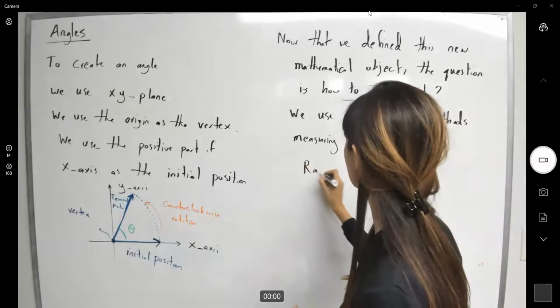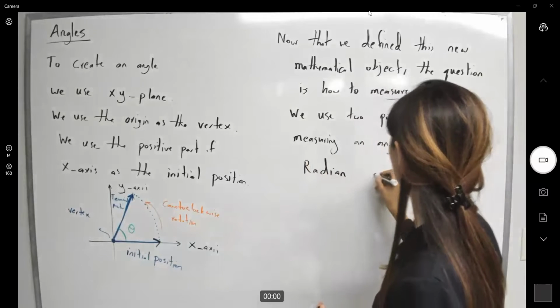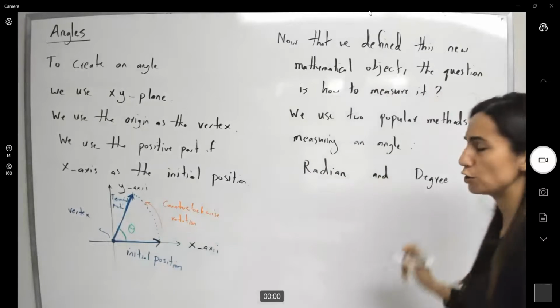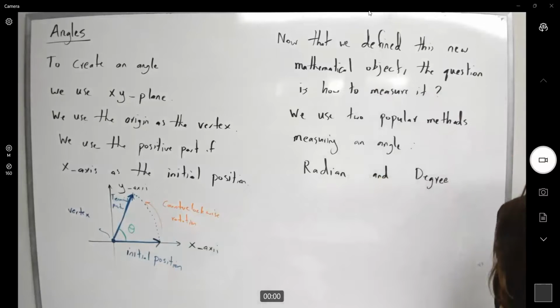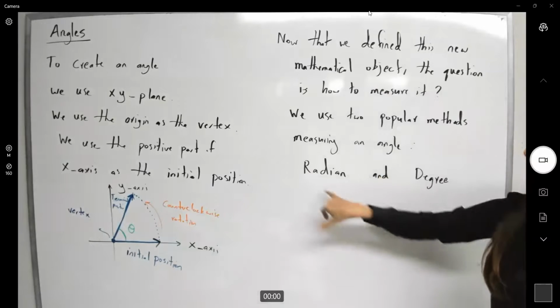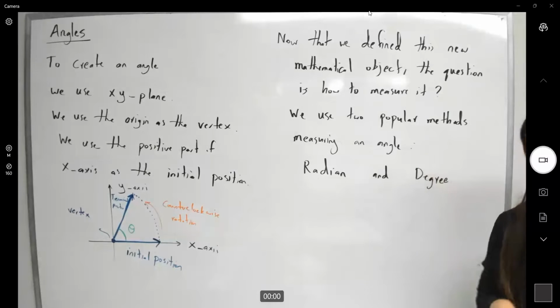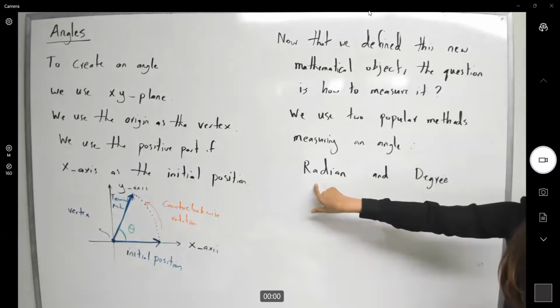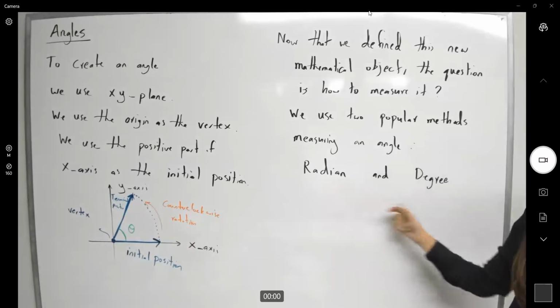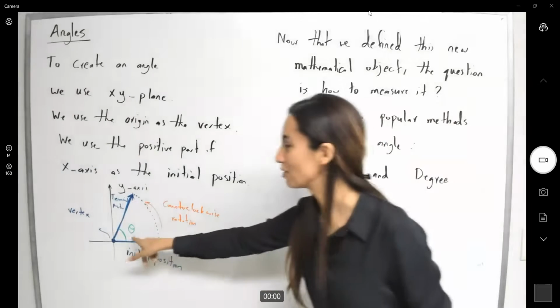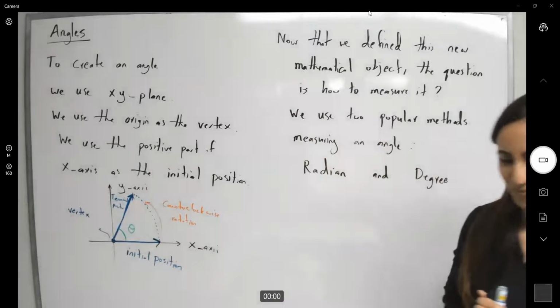When you're using your calculator, it can be set up into radian mode, or it can be set up into degree mode. Our goal is to define the radian measurement and the degree measurement for an angle like theta.